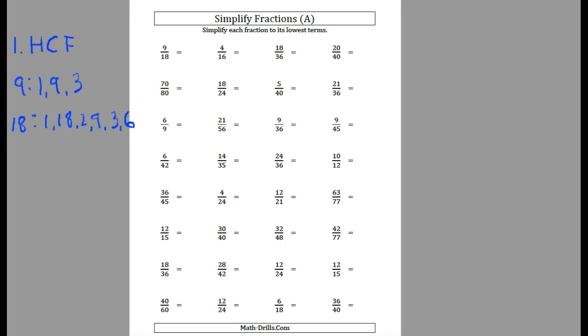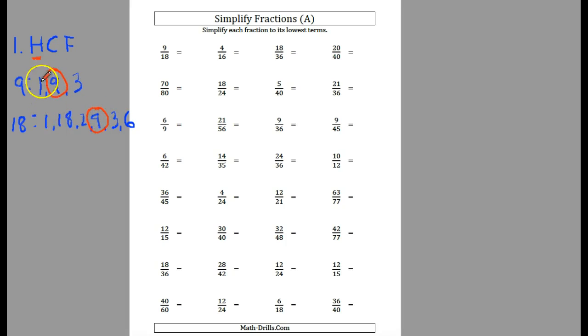So once you've written your factors, you can figure out, well, what's the highest one? They both have the number 1, they both have the number 9, and they both have the number 3. So they have all those factors in common, but we want the highest one. The highest one in this case is 9.